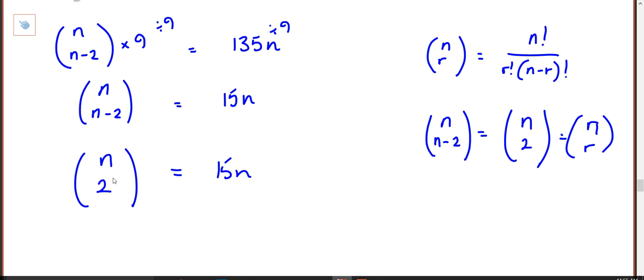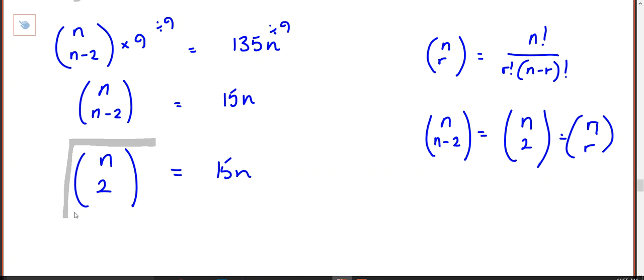Doesn't matter what it looks like, it's about a value. And I know that n minus 2 has exactly the same value as 2, regardless of what n is. So n choose n minus 2 and n choose 2 are the same value. But now that makes it easier for us to work with.